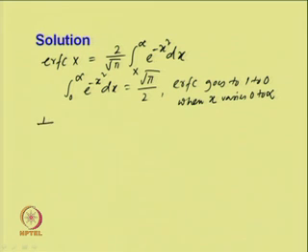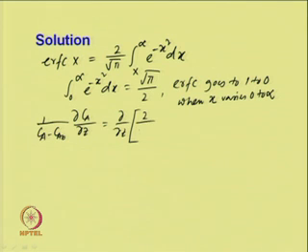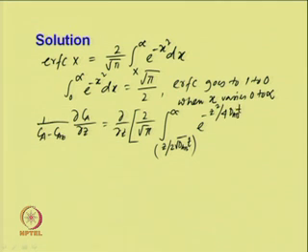So, that is 1 by (C_A minus C_AB) del C_A del Z will be equal to del Z of 2 by root pi integral Z by 2 root over D_AB t to infinity e to the power minus z square divided by 4 D_AB t d of z divided by 2 root over D_AB t.